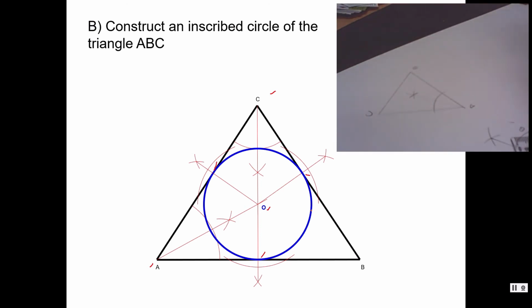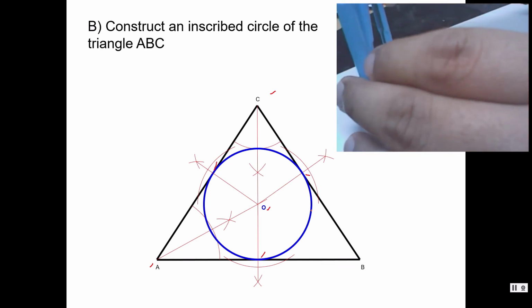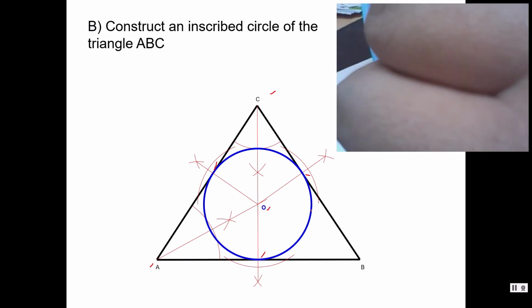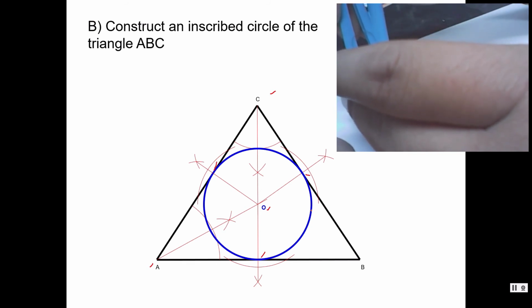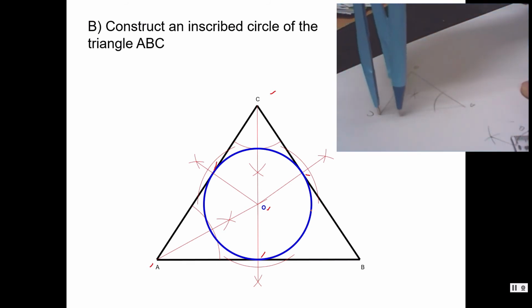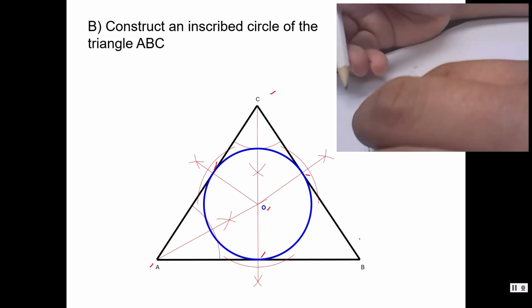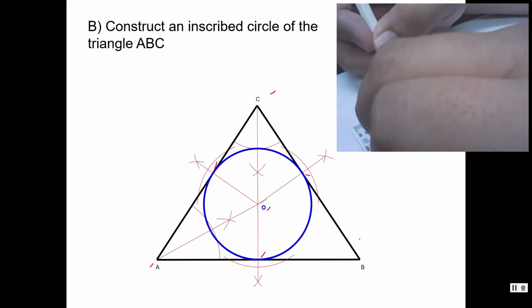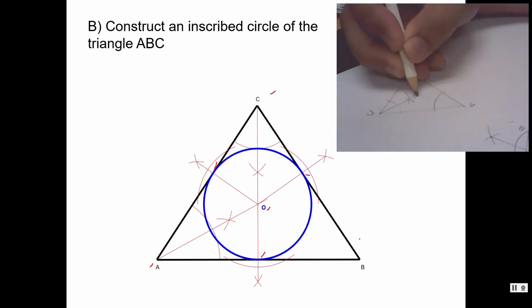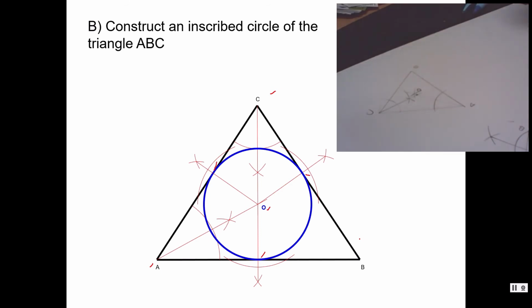And then from point C also you can draw circles to get the bisecting line. Okay, so this is the bisecting line. Okay, so this is the point O, which is the center of the circle.